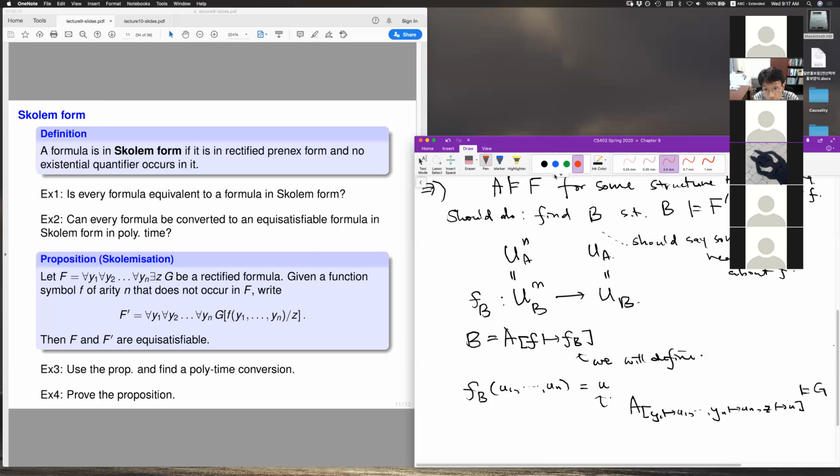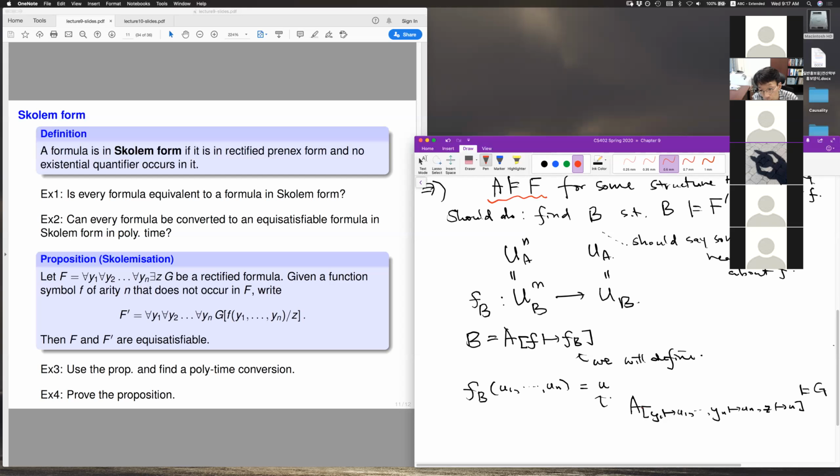We know that A satisfies F, and F is a formula which has universal quantification followed by existential quantification. So if we plug in u1 for y1, u2 for y2, un for yn, then there should exist some binding for z which will make G true.